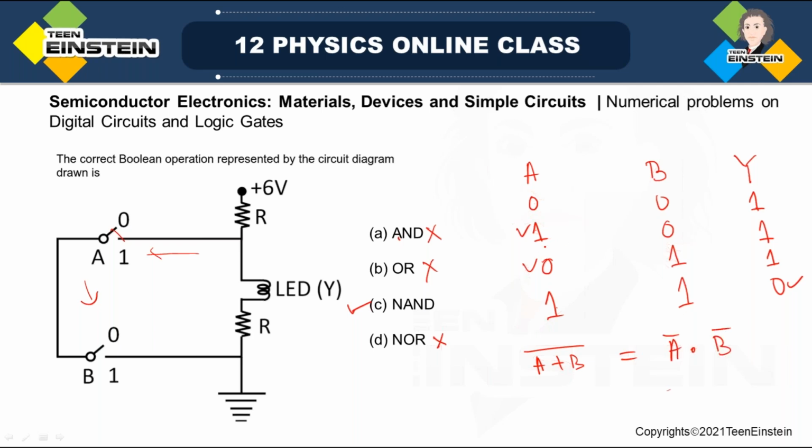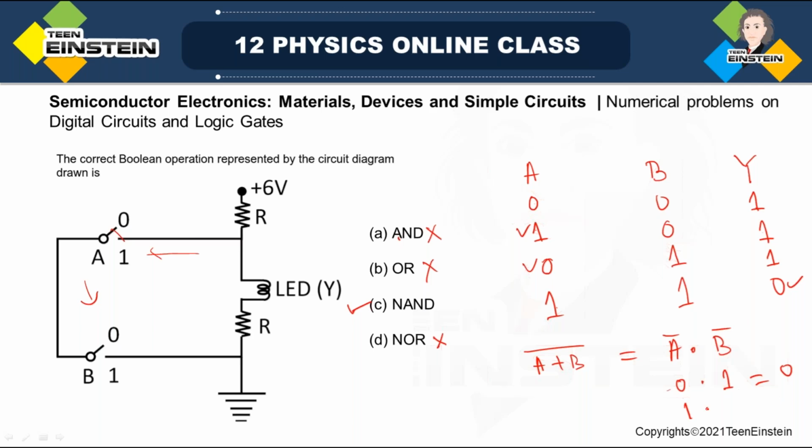So if we take these operations, when A is equal to 1, it gives 0, and B 0 means it gives 1. This would give you 0, but we have 1. Similarly, if I take this as 0, then you get 1 and somewhere it is 0.